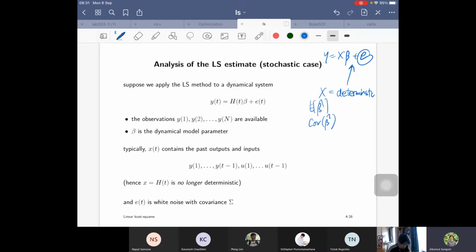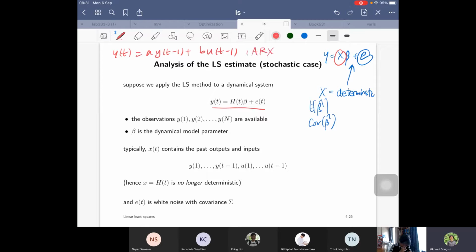In this lecture, we would like to extend to the case that the regressor matrix is no longer random. Oh, sorry, it's no longer deterministic. If you recall, when you apply the least square estimate to fit a dynamical model, most of the time this is the linear equation that you will get. Think about when you want to fit this autoregressive equation, this is ARX.